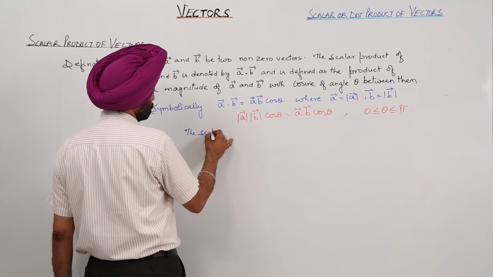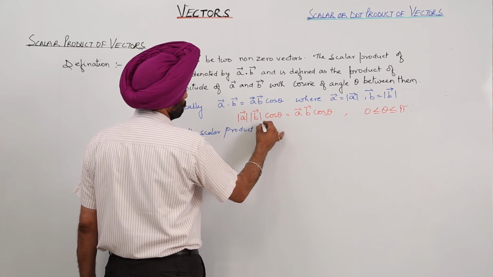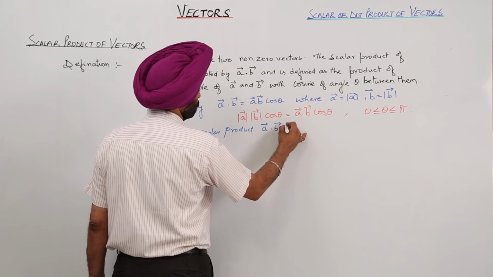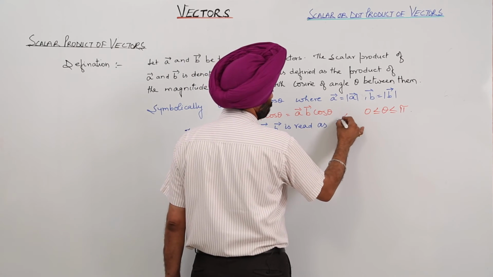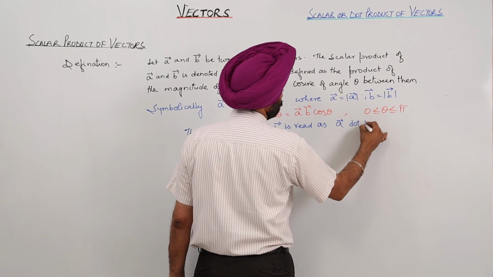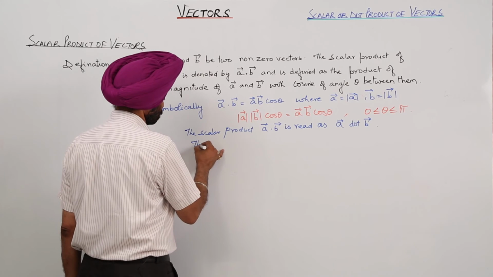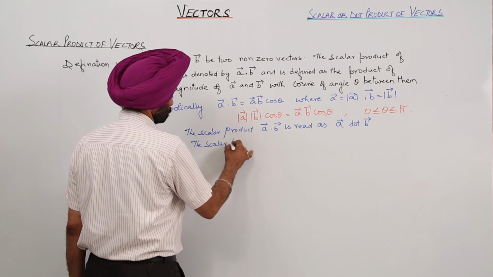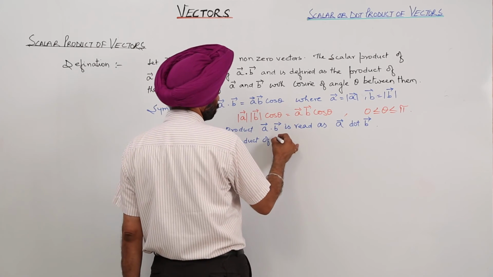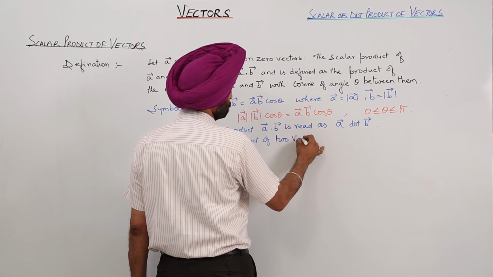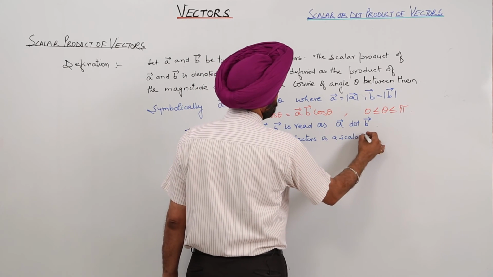Now the scalar product vector A dot vector B is read as vector A dot vector B. The scalar product of two vectors is a scalar quantity.